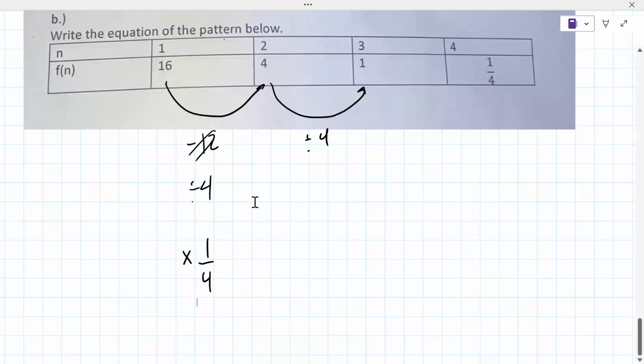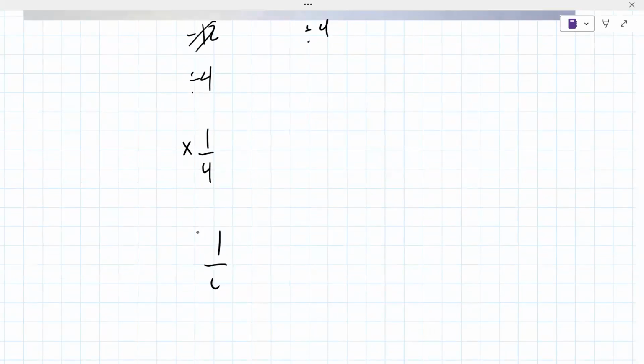Now this is where I've got to show you a few examples. The formula here is you take 1/4 and put it in parentheses to the power of n. I don't know how you were doing this in class.